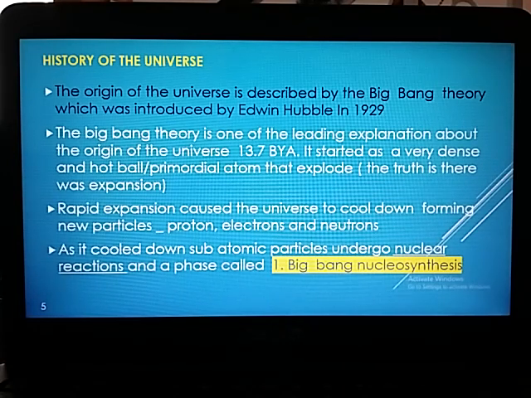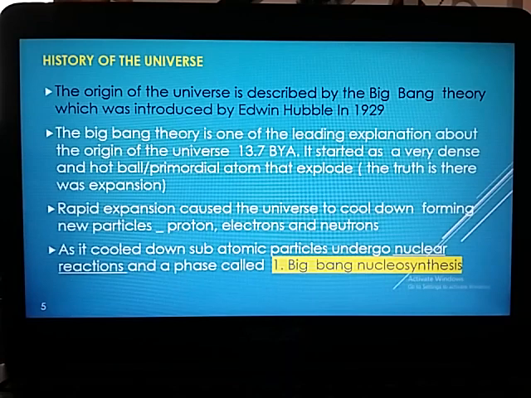As it cooled down, subatomic particles underwent nuclear reactions. So habang nagko-cool down, itong mga protons, electrons, and neutrons na ito ay nagkaroon ng reactions na tinatawag nating nuclear reactions. And a phase called Big Bang nucleosynthesis.